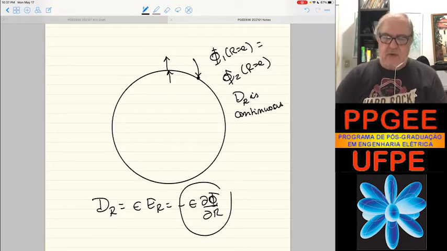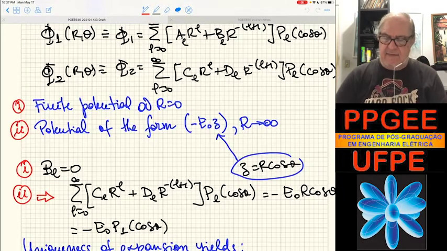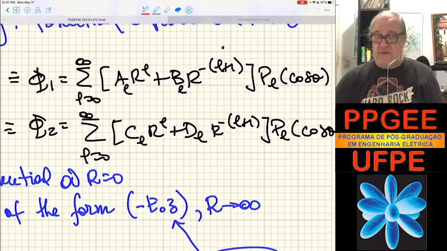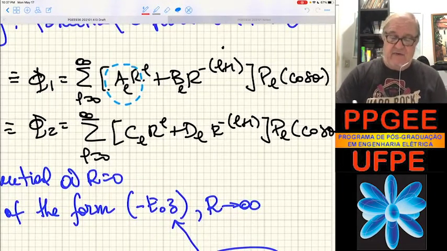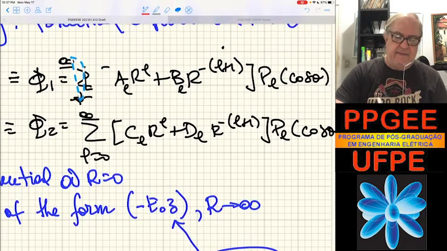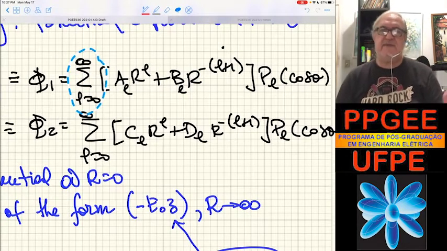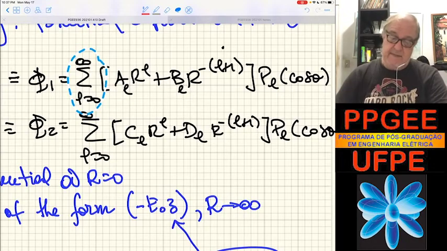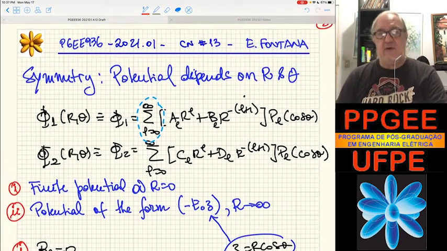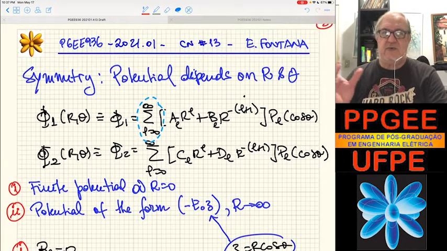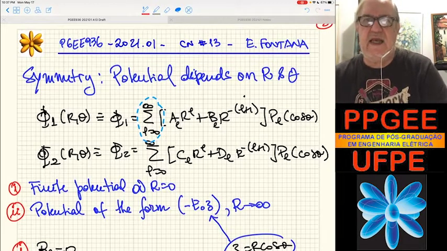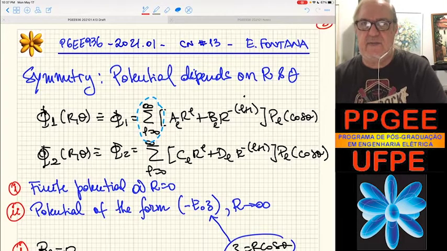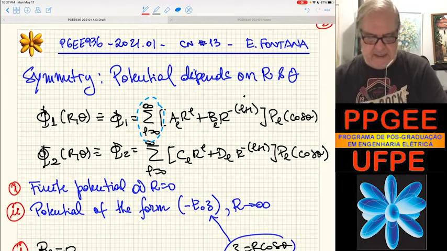So notice that we have a quadruple infinity, in fact. We have 4 constants times an infinity. We have an infinite discrete set of constants. But recall that when we equate two expansions, each term of one expansion has to be equal to the corresponding term of the other one.